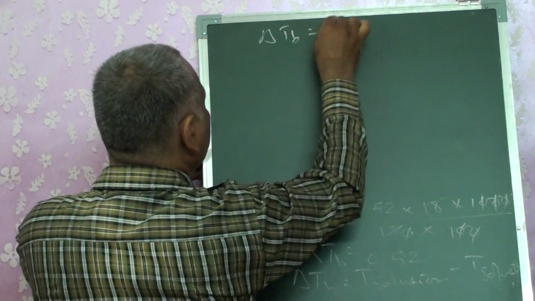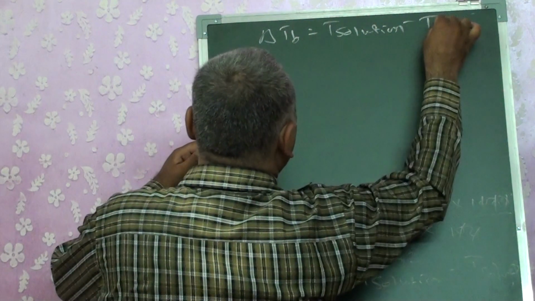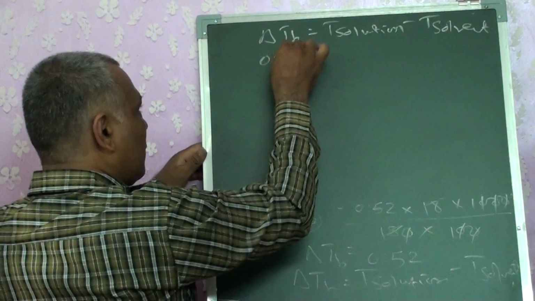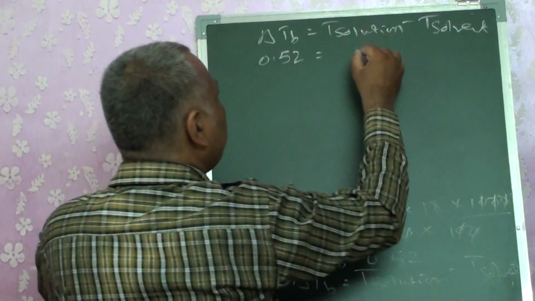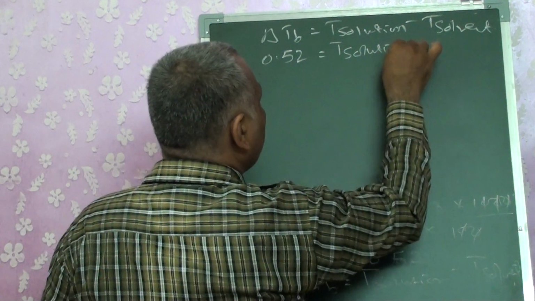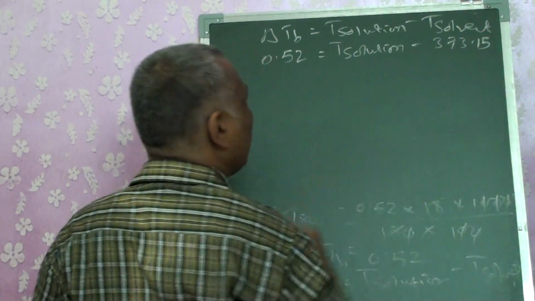Delta Tb equals T of solution minus T of solvent. This we got, 0.52. This we want to calculate, and this is given to us, 373.15.